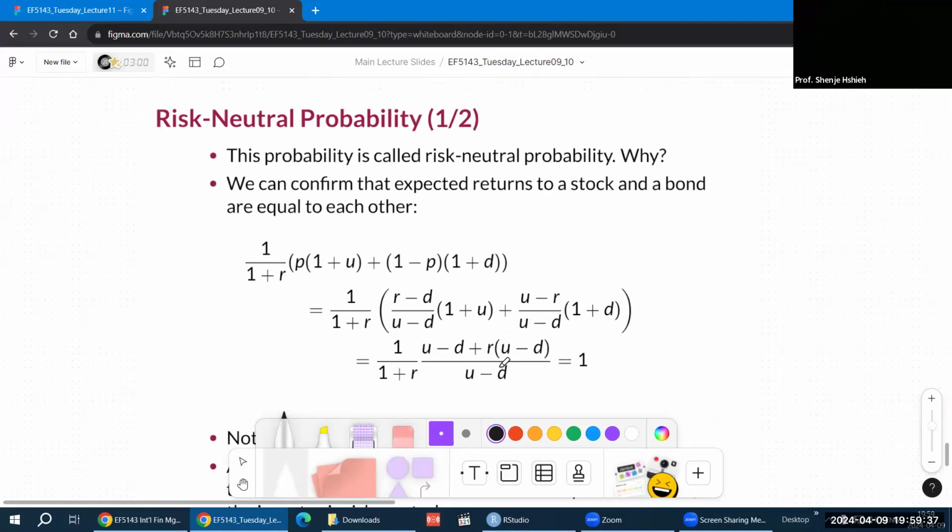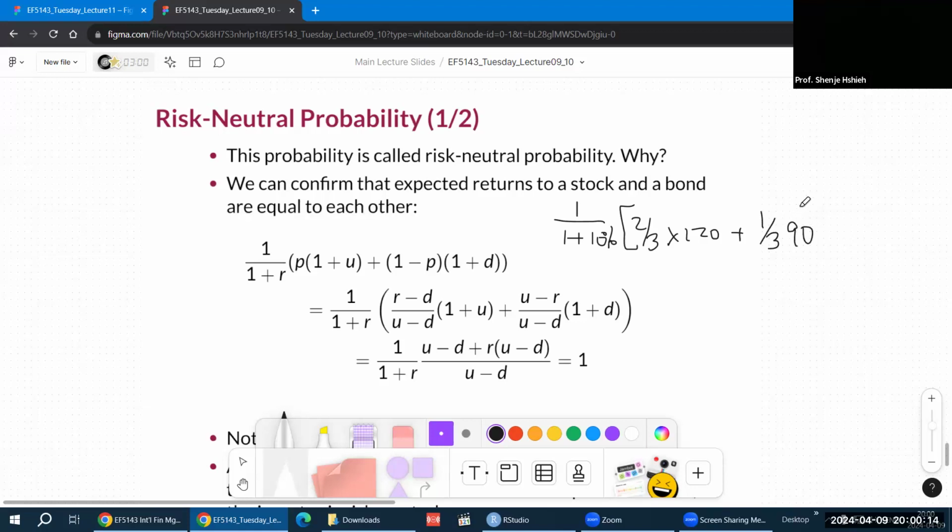So let's see. You can work through the calculations here, but I think it's easier if I just showed you the math, okay? I mean, the numeric example. So here we have 1 over 1 plus 10%. That's the discount rate. And then we have 2/3 times the value of the stock, 120, plus 1/3, 90.